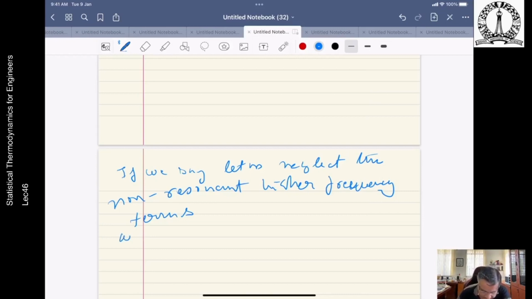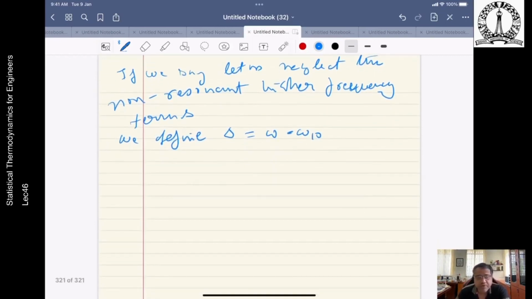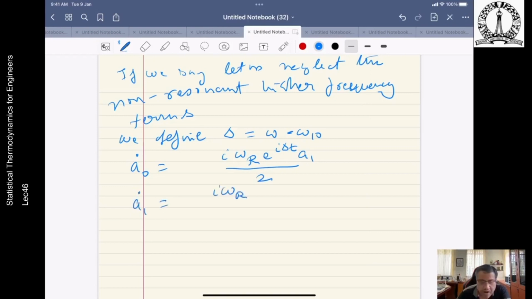So we define delta as omega minus omega 10. Therefore, the equations for A naught dot and A1 dot are: A1 dot is equal to i omega r by 2 times A naught, and A naught dot is equal to minus i omega r by 2 times A1.